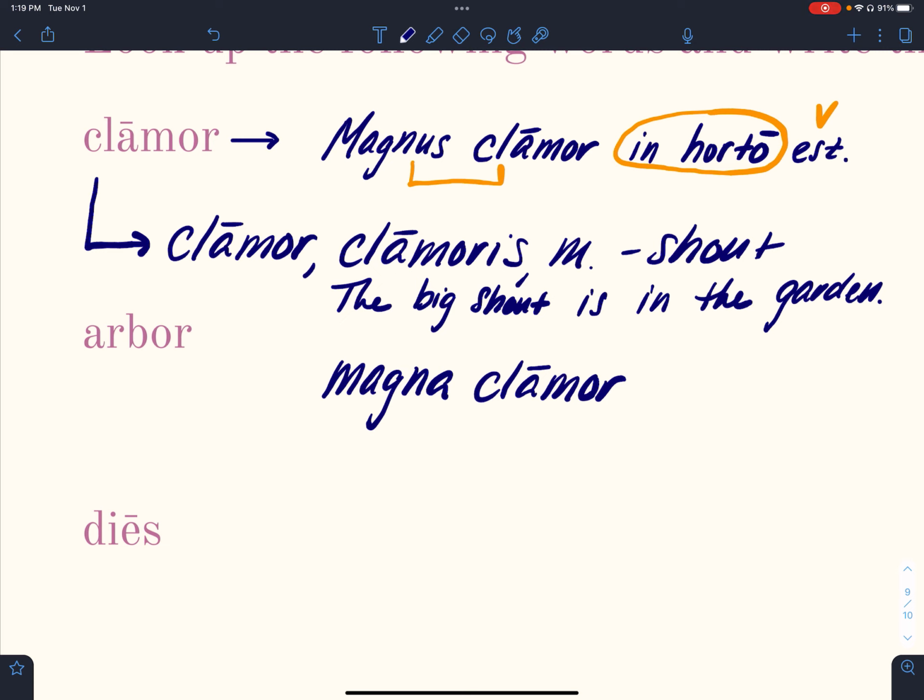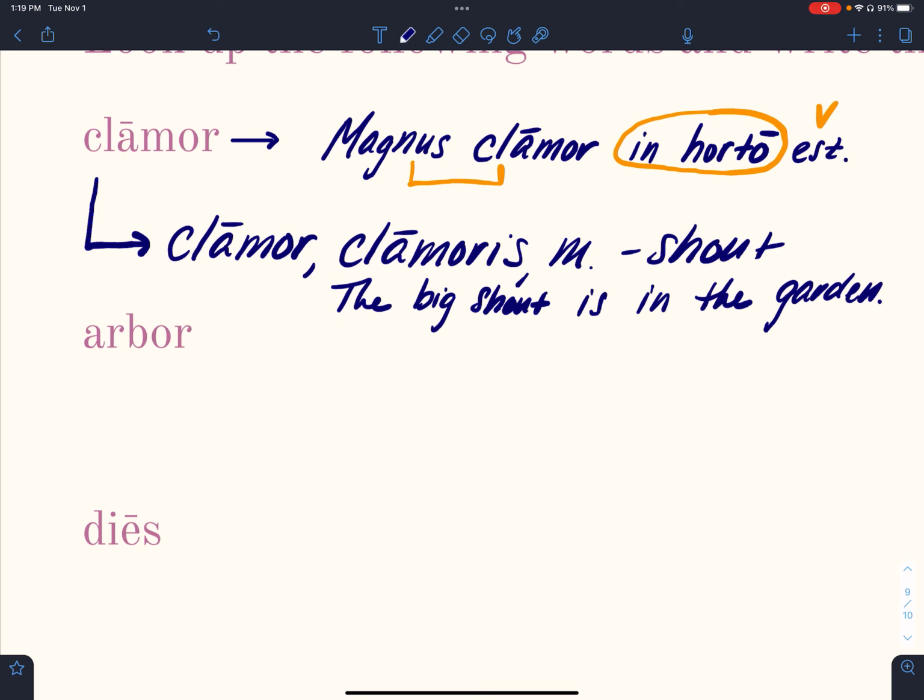Nouns cannot change gender, ever. But adjectives can. The ending has to match the gender of the noun. So the adjective has the ability to change, but it's got to go with the noun it's going with. So that's why it has to absolutely be magnus. Really good question.